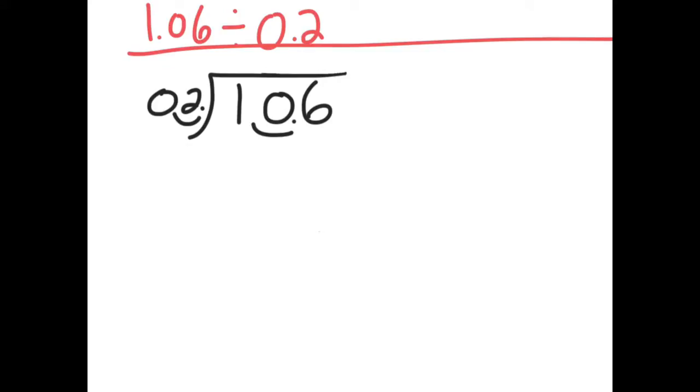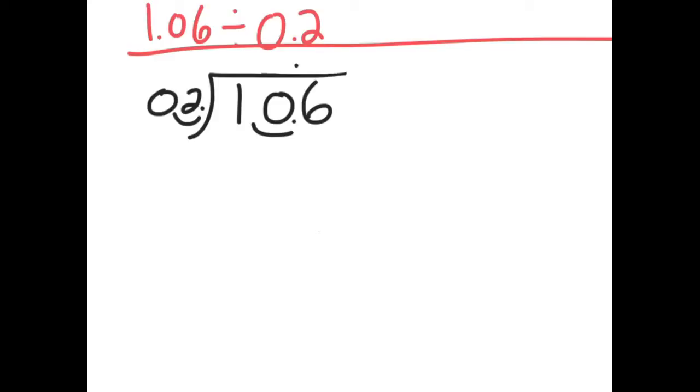So, to do this problem, you would have to move the decimal place, which is shown in the 0.2, moved to behind the 2. And since the decimal point is in between the 1 and the 0, you'd move it in between the 0 and the 6. Now, you place the decimal point up above the decimal point in between the 0 and the 6.